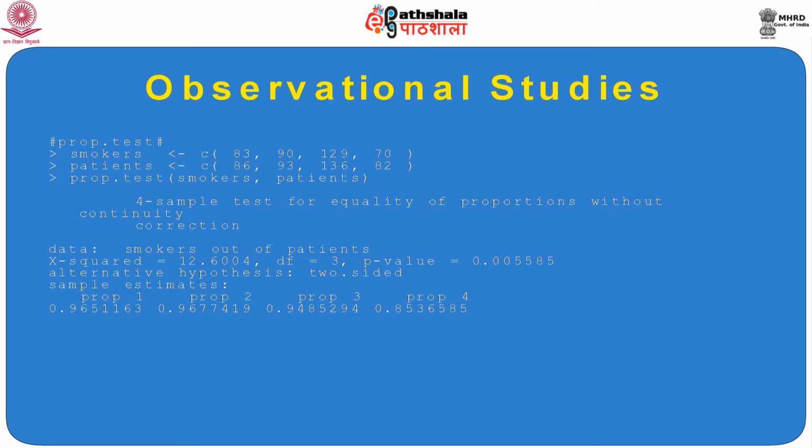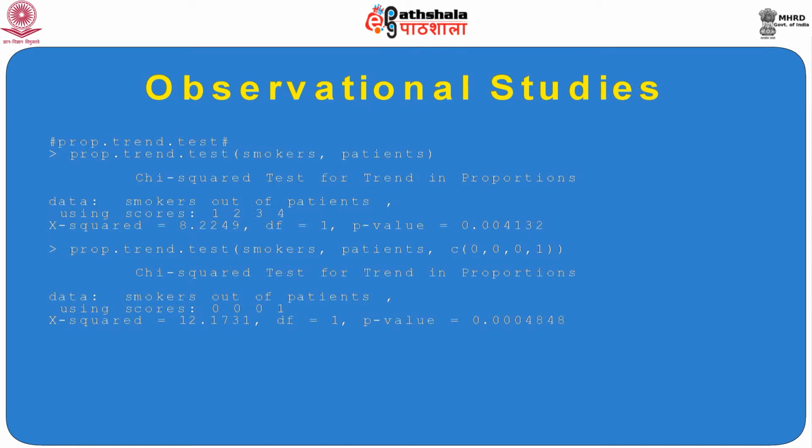So the chi-square proportion test shows that these proportions are not equal. Now we will go for the proportion trend test, with the same example considered. Earlier we had used prop.test.